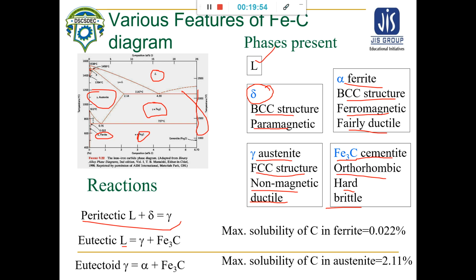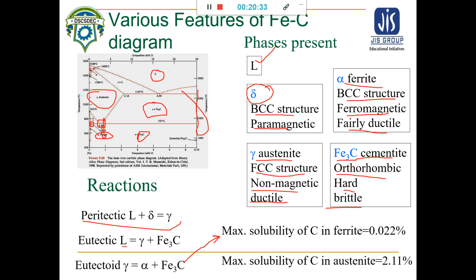Next, at this point the eutectoid reaction occurs, which has a maximum solubility of 0.022. At this place the eutectoid reaction occurs, and in it gamma austenite transforms into alpha ferrite and cementite.